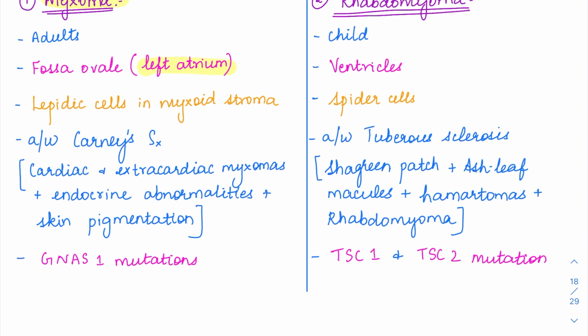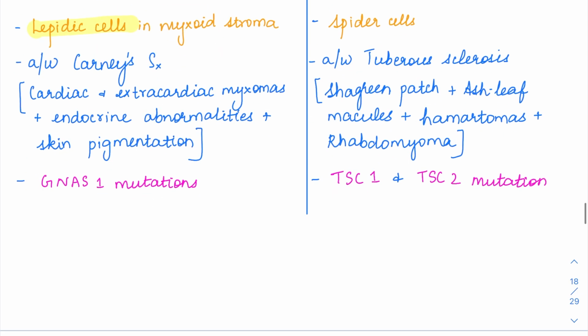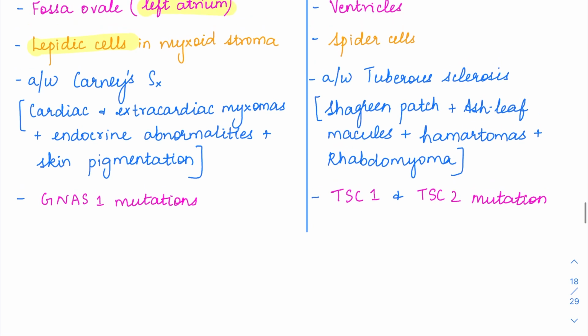As the name suggests, myxoma stands for myxomatous matrix. So in a myxoid stroma, we are going to see stellate cells which are called lepidic cells. And this myxoma is going to be associated with Carney syndrome. So Carney syndrome is a triad of various myxomas present in both cardiac and extracardiac locations.